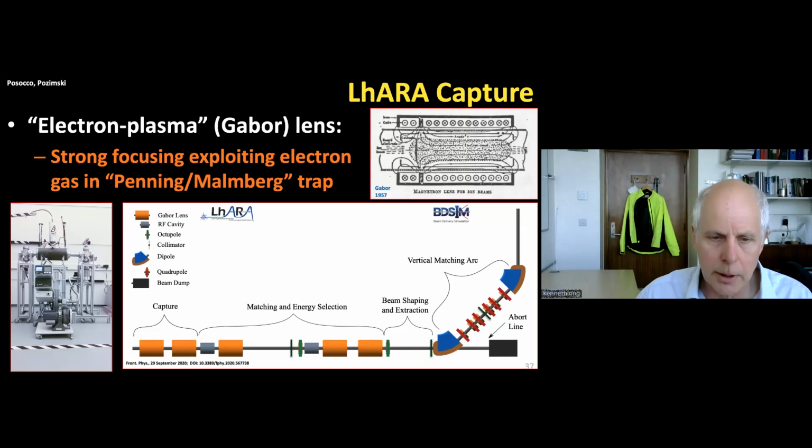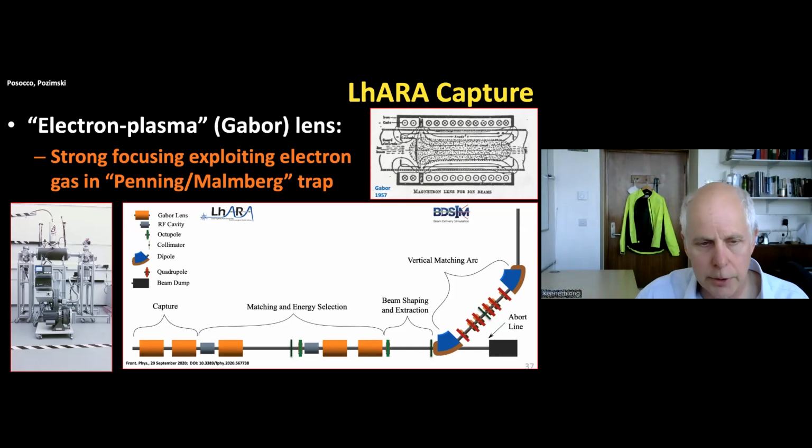And we've focused on what's called a Gabor lens, so it's electron plasma confined in a Penning-Malberg trap. So the key thing here is that the Gabor lenses, which have magnetic fields which are only in the millitesla region and have tens of kilovolts for the confining potential, provide a focusing effect which is as strong as you would get from a 1.4 Tesla solenoid.